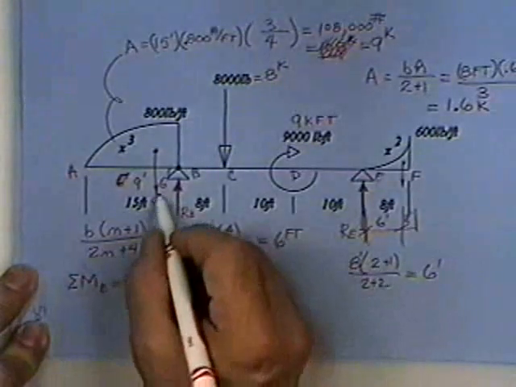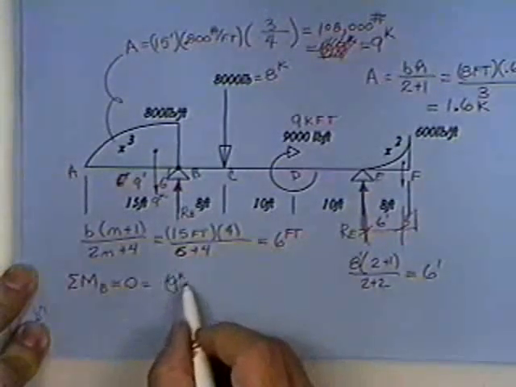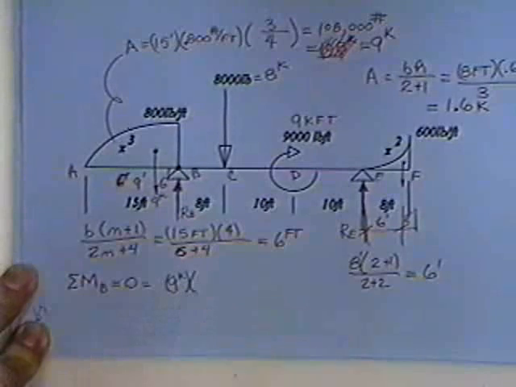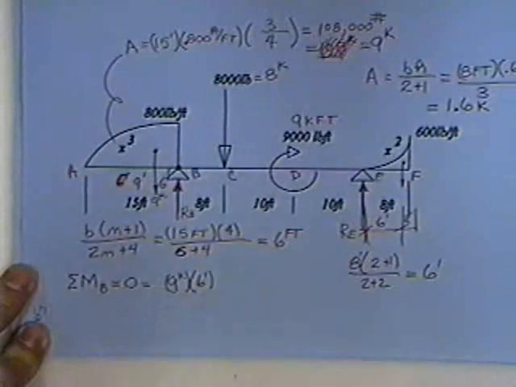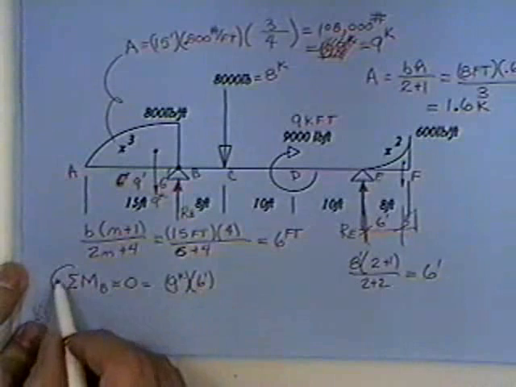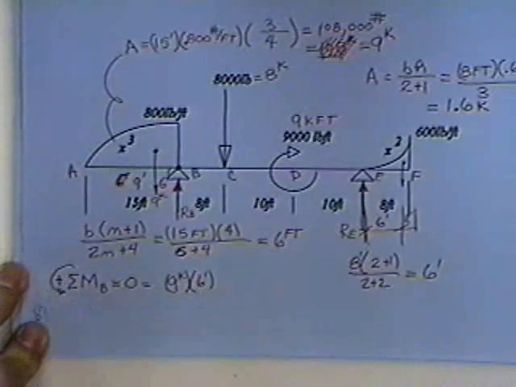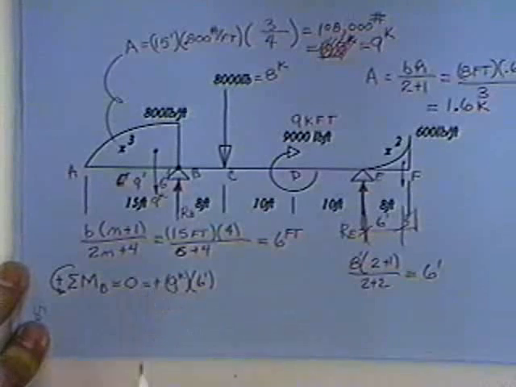I take my 9 kip force, I include it in my equation. I multiply it times how far it is away from the point I'm summing moments about, 6 feet. I'm going to pick a sign convention, say right-hand rule. I'm going to call that a positive tendency to rotate.